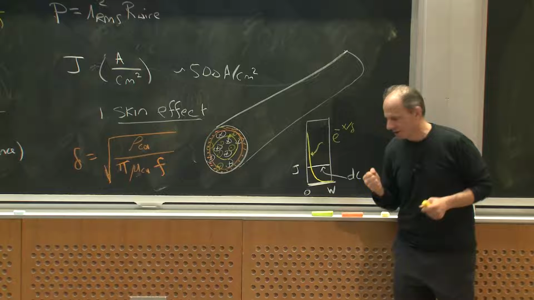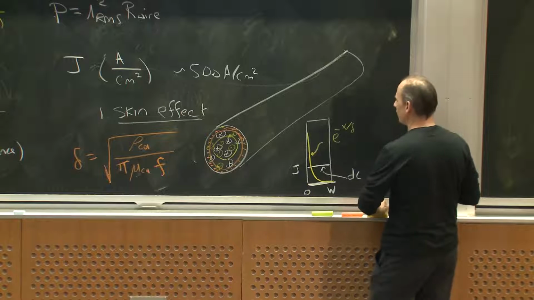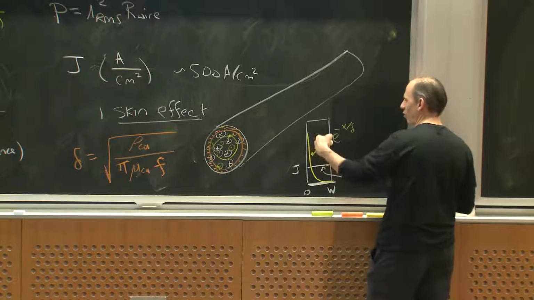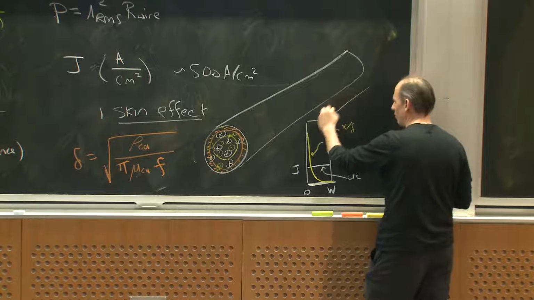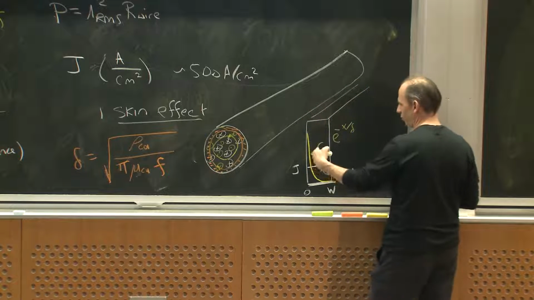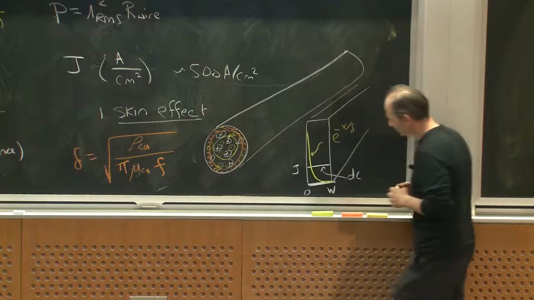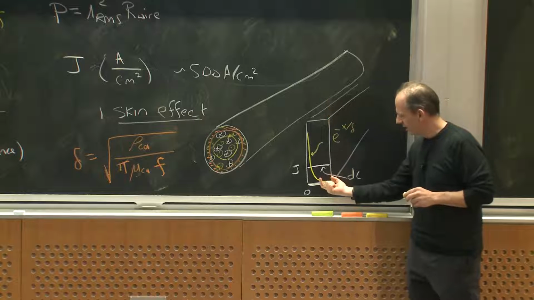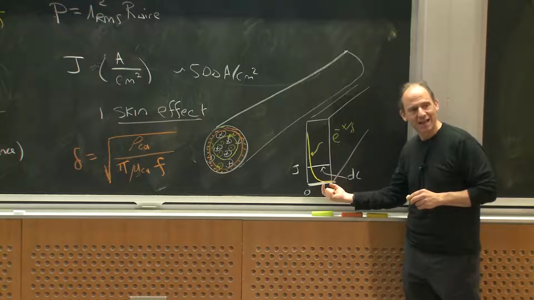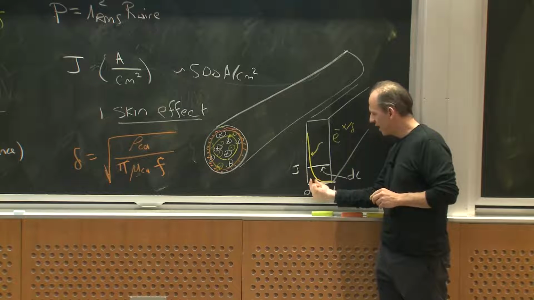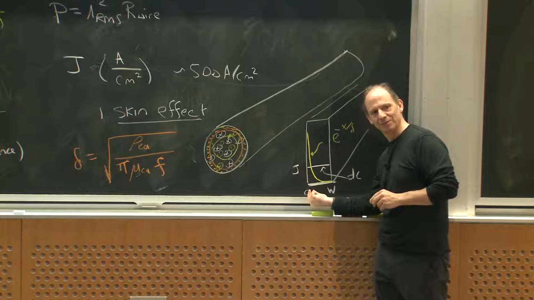Interestingly, if you have a case where the width of the wire is a foil carrying current into the board, or you can do something similar here, the loss is exactly the same as if I carried all the current in one skin depth.